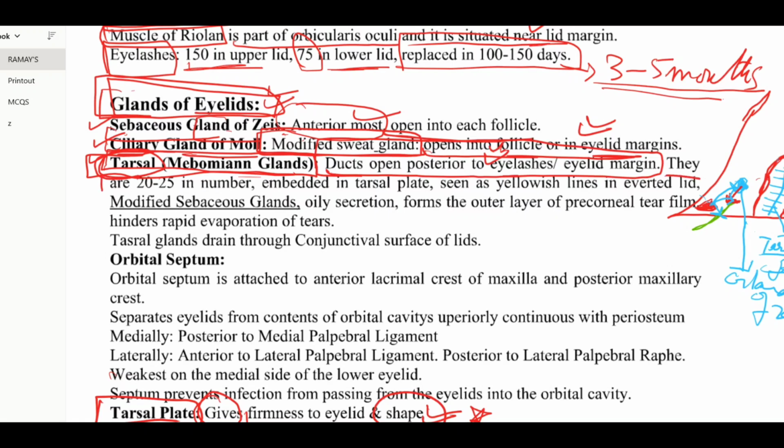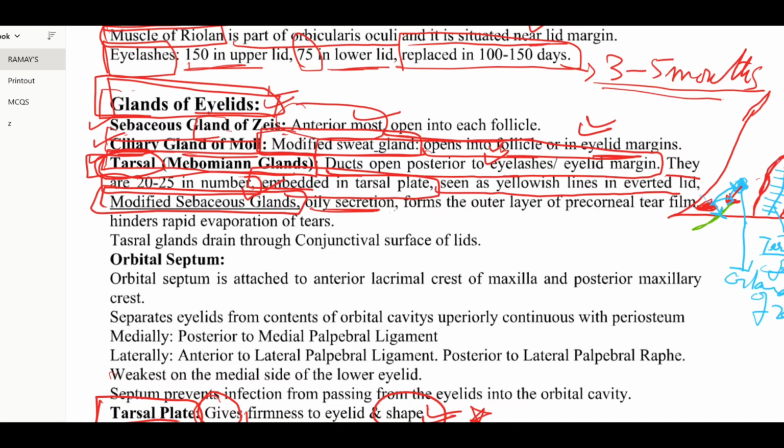They are 20 to 25 in number, embedded in the tarsal plate. I have already mentioned and shown you in the diagrams. These are seen as yellowish lines in the everted lid. I will show you that. Modified sebaceous glands produce oily secretions. Meibomian glands are the modified sebaceous glands.